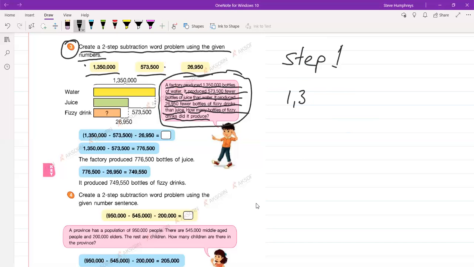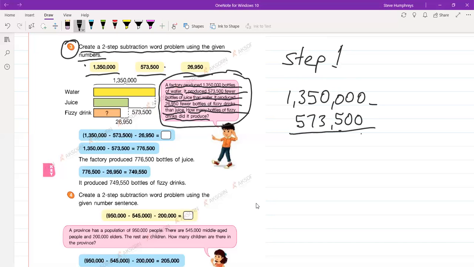I wrote 0, 0, 0. 1,350,000 minus 573,500. This is where I went wrong. I put a 0 instead of a 5. Okay, let's do it again and get the correct answer.